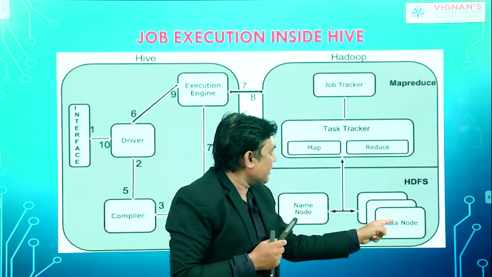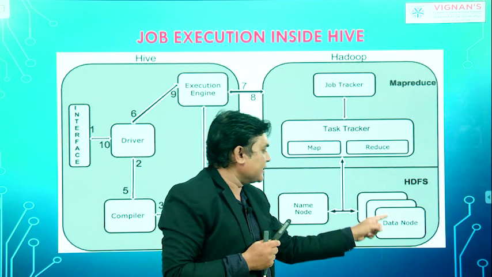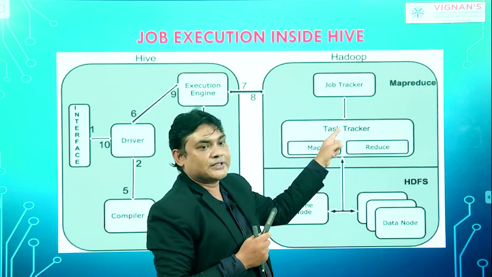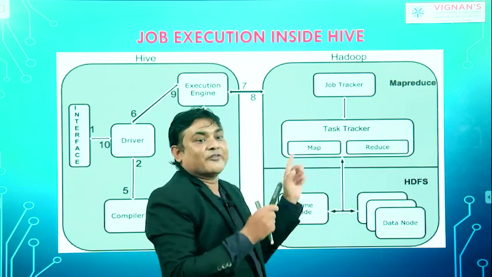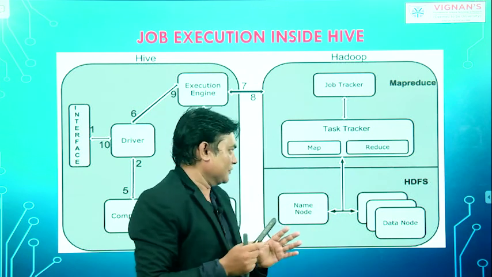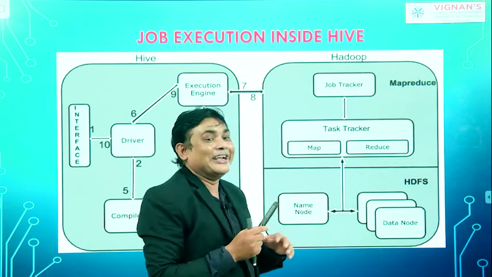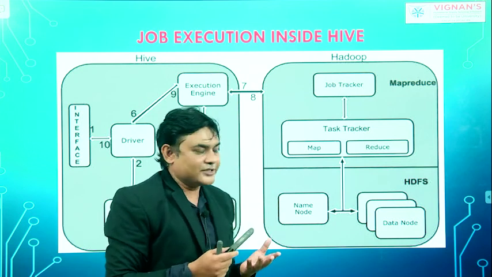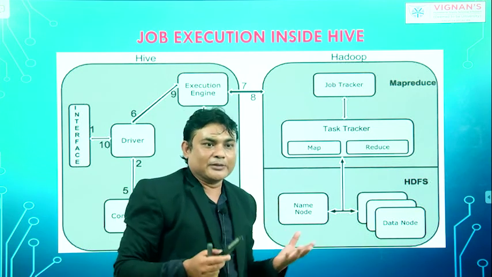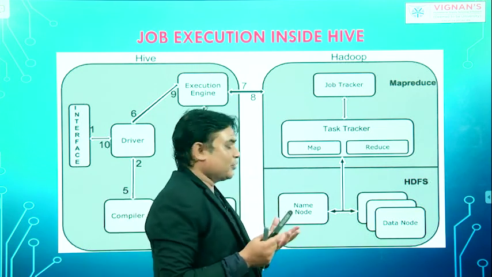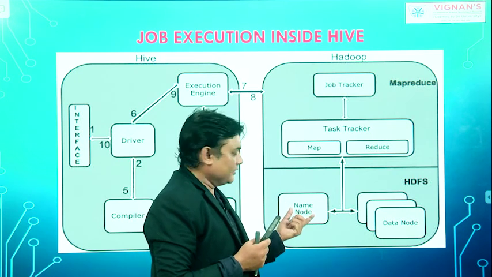Similarly, data nodes communicate with the task tracker, because the data node is also a slave and the task tracker is also a slave. So they have formal communication among themselves. Now this name node will maintain the metadata about your file, so you have metadata in the name node.